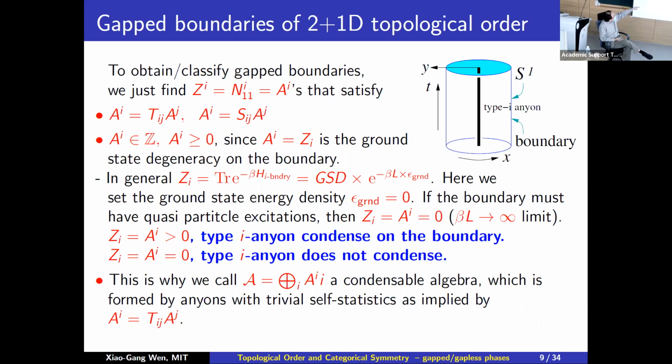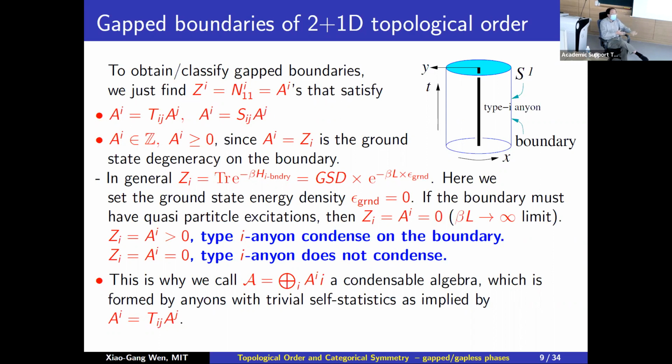Therefore 0 means that this particular anyon does not condense. Non-zero means it's condensed. So that's why we call it the condensable algebra. The interpretation is that a_i non-zero means type i anyon condenses on the boundary. That should be type i bar, but let's not worry about that. And 0 means the type i anyon does not condense. So this condensable algebra describes the pattern of anyon condensation on the boundary: which anyons condense, which do not.